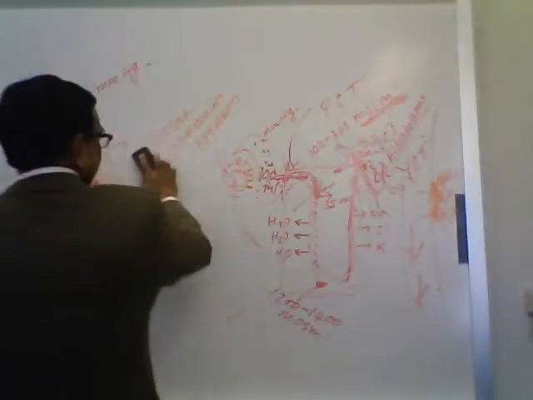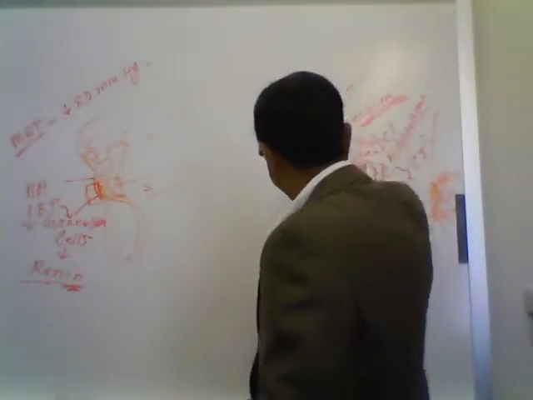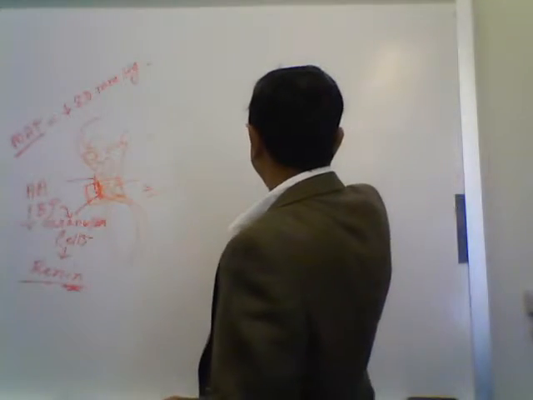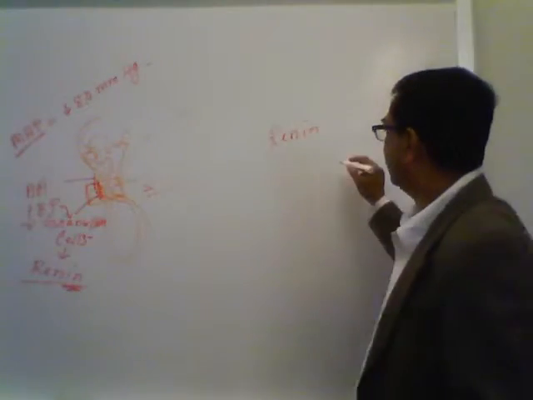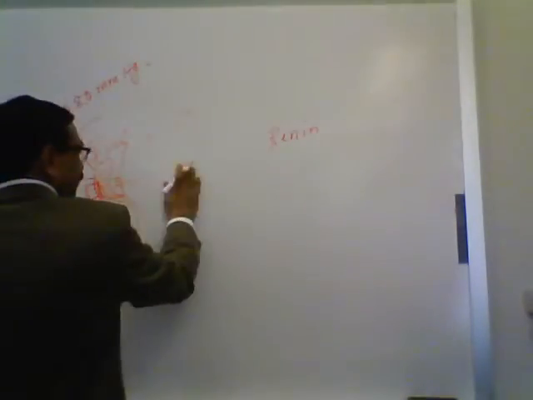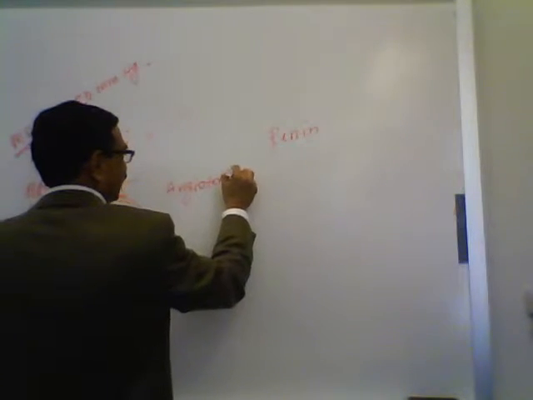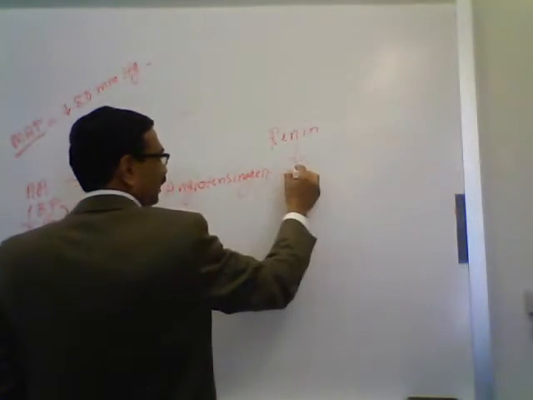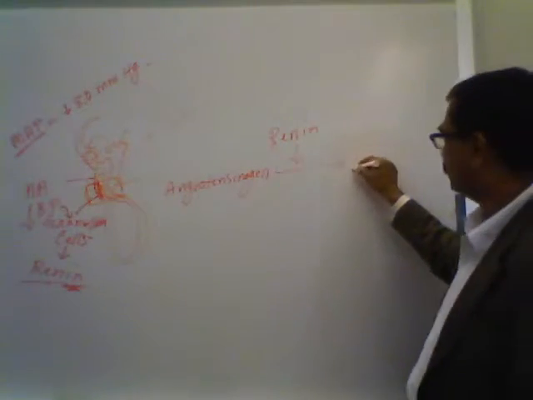Now, how does the renin work? Renin is an inactive chemical. It cannot work directly, because it is inactive. Renin converts the angiotensinogen which is present in the blood. Renin works on it and converts the angiotensinogen to angiotensin 1.